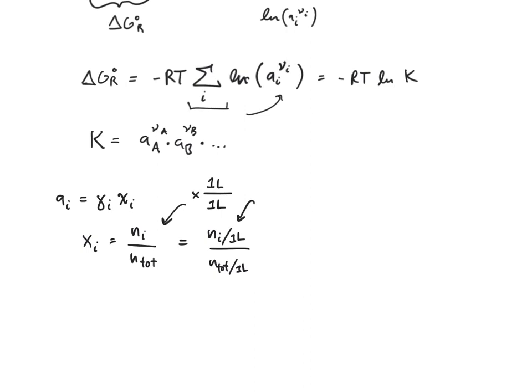But this right here, that's just the concentration of I. And this right here is some sort of total concentration. Now, when we're formulating equations of this type, we want to be able to use the standard state concentration, which is 1 molar. All right?